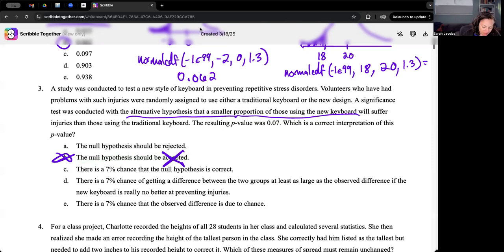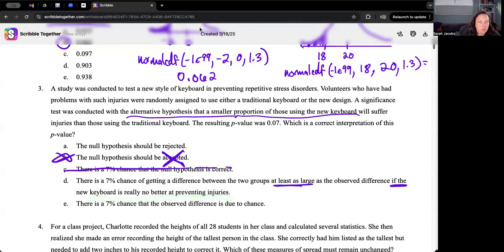Okay. There is a 7% chance that the null hypothesis is correct. Not exactly. That's not what our p-value means. There is a 7% chance of getting a difference between the two groups at least as large as the observed difference if, here's the conditional probability, if the new keyboard is really no better at preventing injuries.